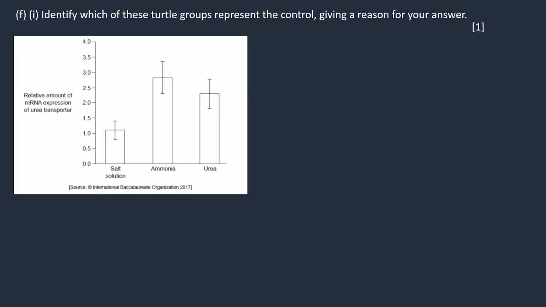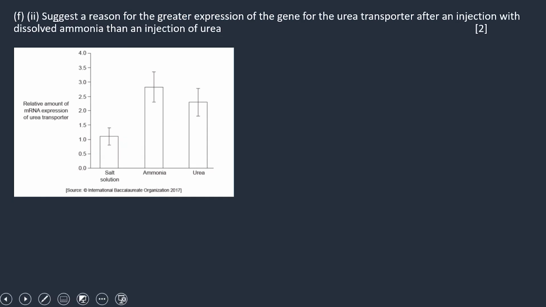And so they ask you to identify the control, and we said the salt solution is isotonic, so therefore our salt solution is the control. And then they ask you to reason why there's a greater expression for the gene after injection with ammonia. Now remember, ammonia is very toxic.